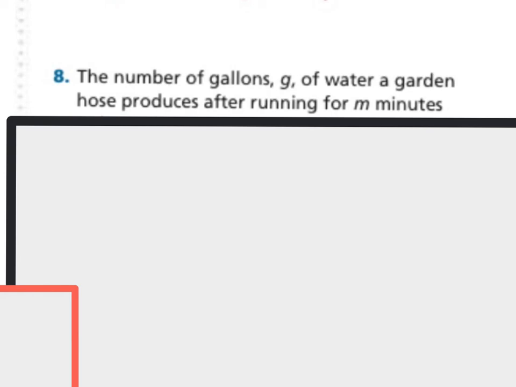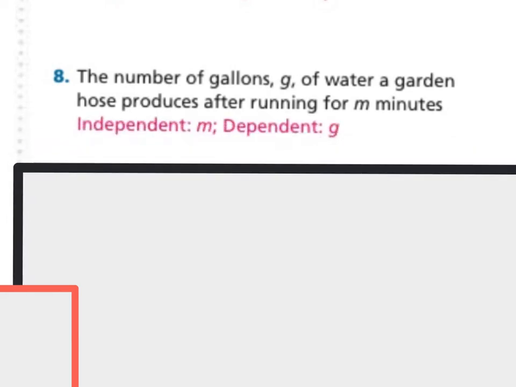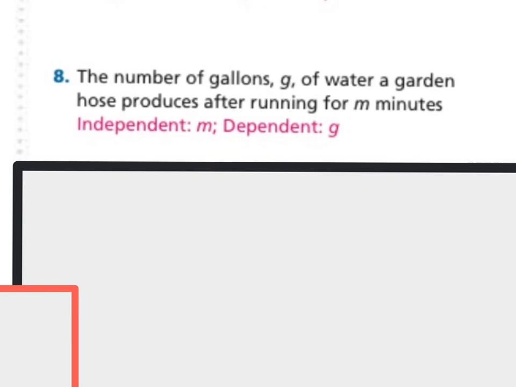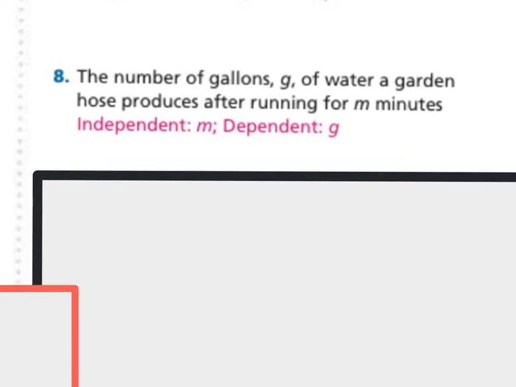So the gallons of water depends on how many minutes it's been running. So independent, once again, is our time. In this case, M for minutes. It's independent. And dependent is G, our number of gallons. Gallons depends on how long it's been running.